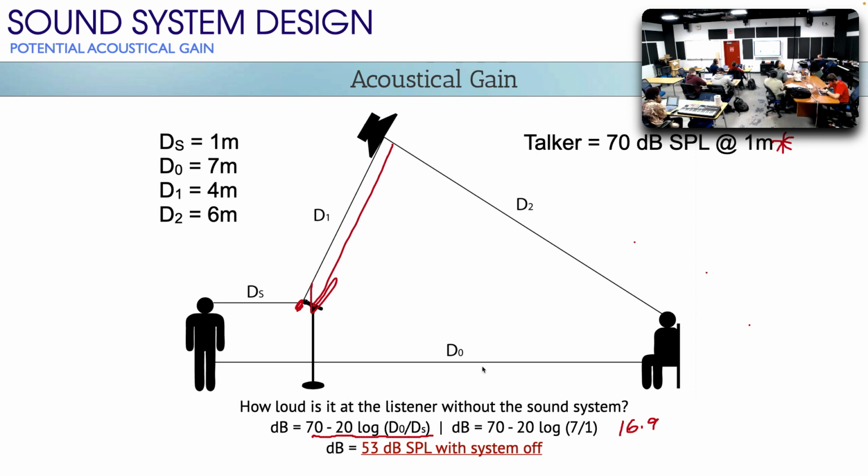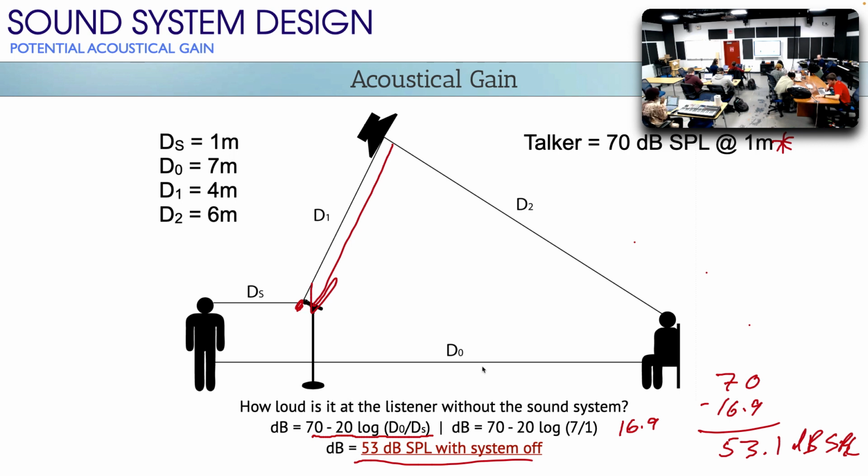Okay. So what is 70 minus 16.9? 53.1. Yeah, 53.1. That's what's left, in dB SPL. So that's how loud it is just without us turning on the sound system. So the listener will hear 53 dB SPL natural sound at the listener.